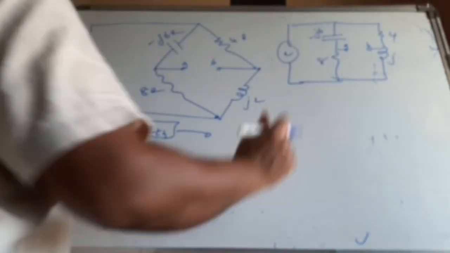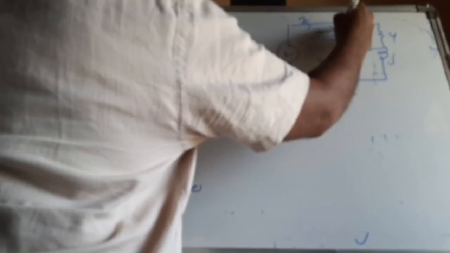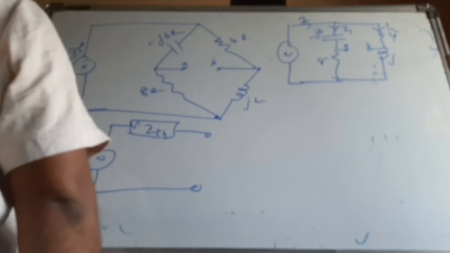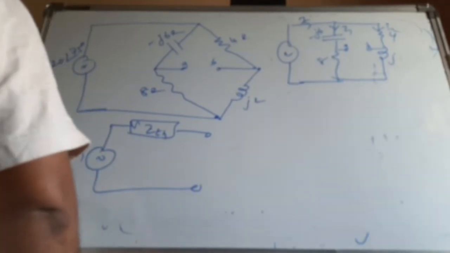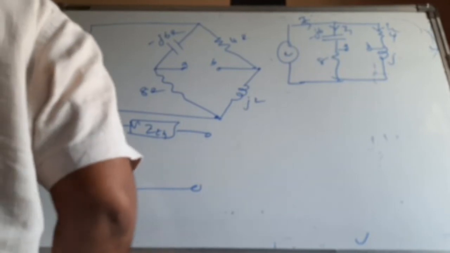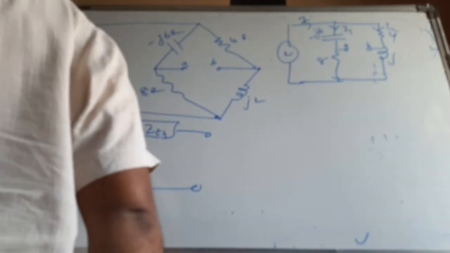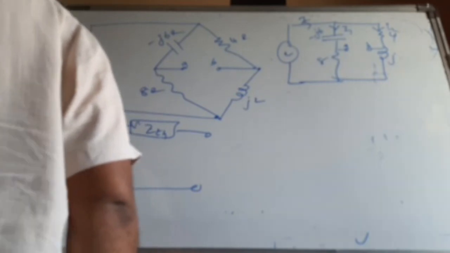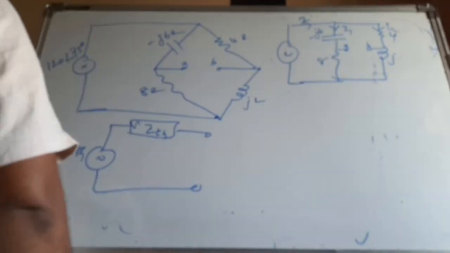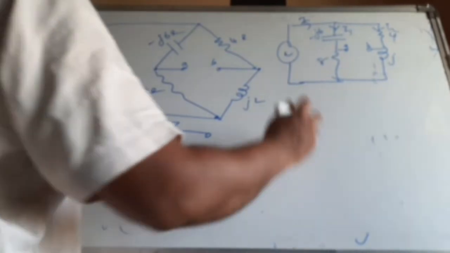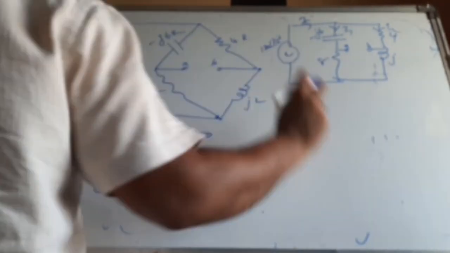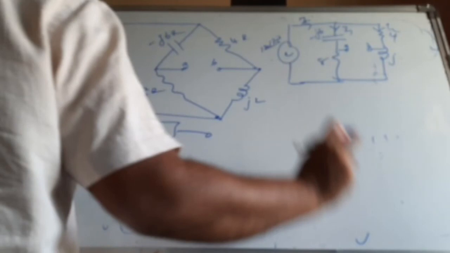You see that current is I. If you want to find Vth, you have to find the values of I1 and I2. This is 120 angle 75 degrees.